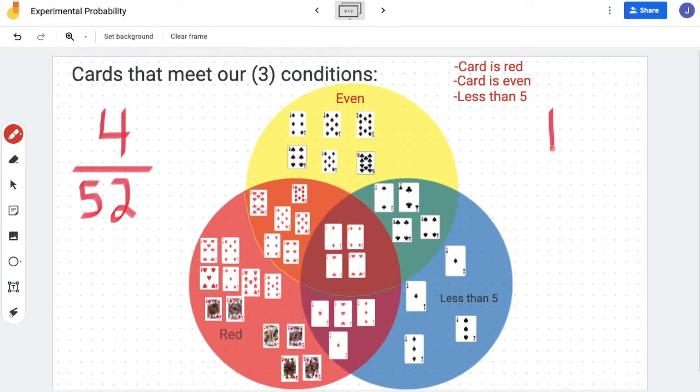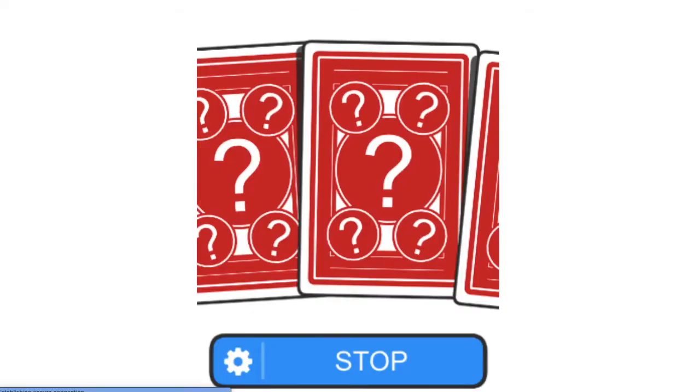As I learned before, 4 can go into 52 13 times. So my actual probability, reduced, is 1 in 13. I have a 1 in 13 chance of meeting my 3 conditions of the card being red, even, and less than 5.